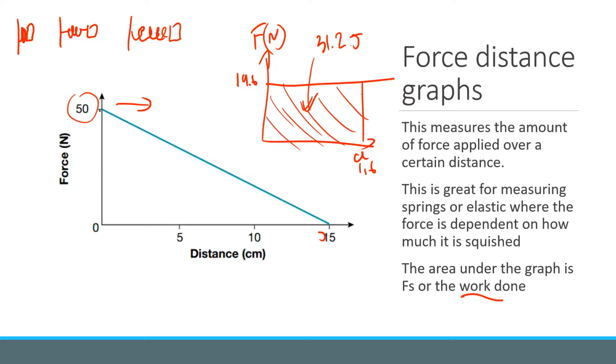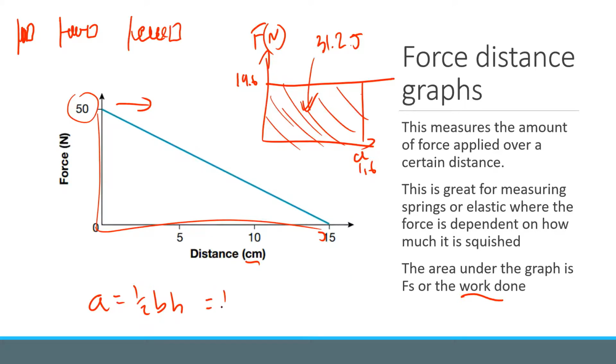The area of a triangle is half the base times the height. The base in this case is equal to 15 centimeters, but let's change that to meters because remember it's newton meters.